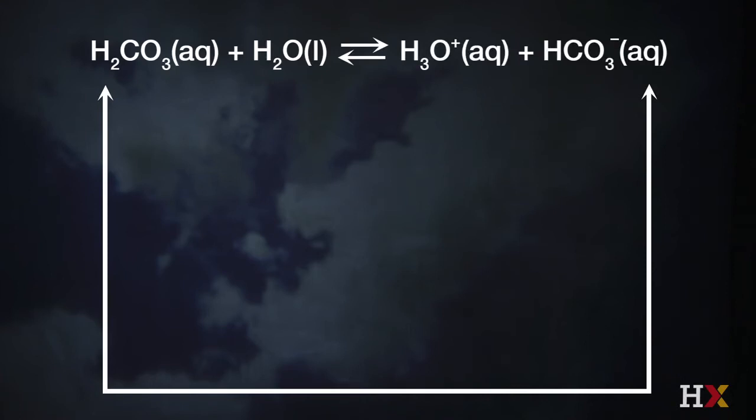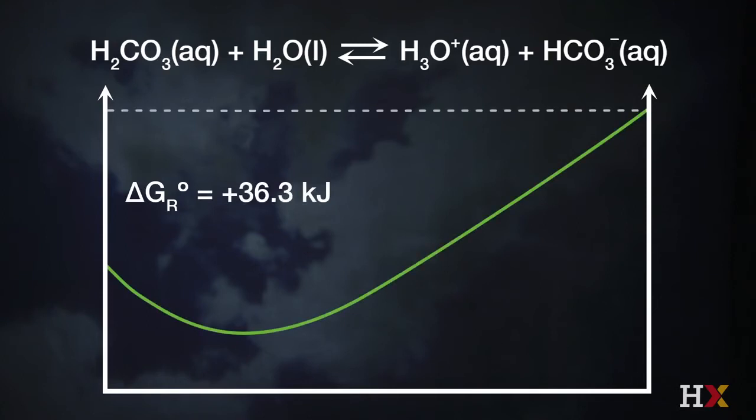And of course, the first thing we do is to calculate the change in Gibbs free energy for that reaction under standard conditions, and that's equal to plus 36.3 kilojoules. That is, the products lie at a higher free energy than the reactants.